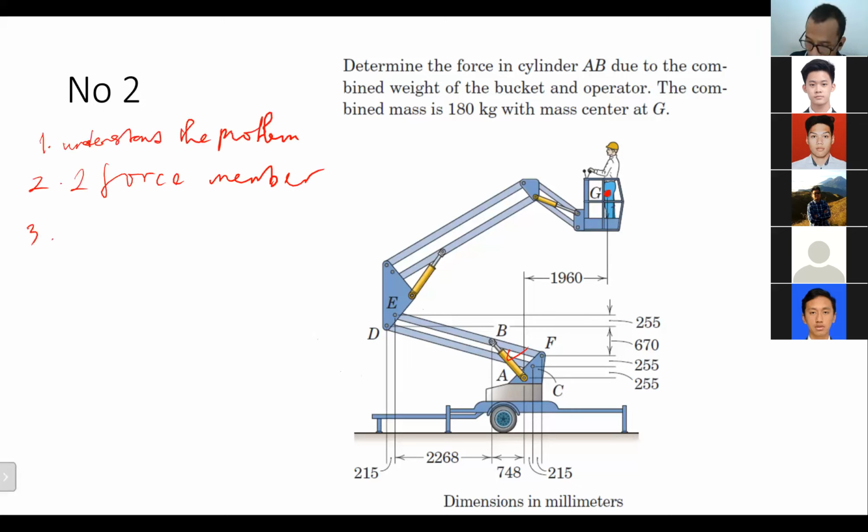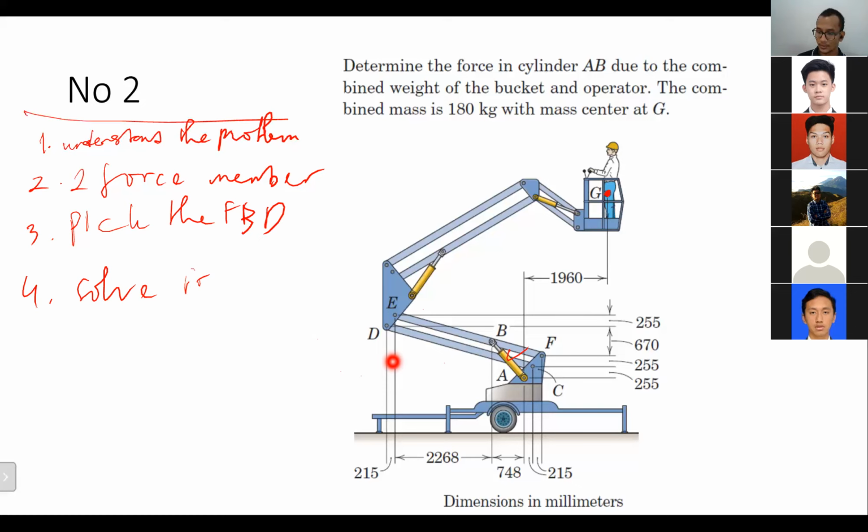And then pick the free body diagram to solve. Then solve. Irfan, I'm telling you this over and over, right? The first one is understanding the problem. The second one is to find the two force members.